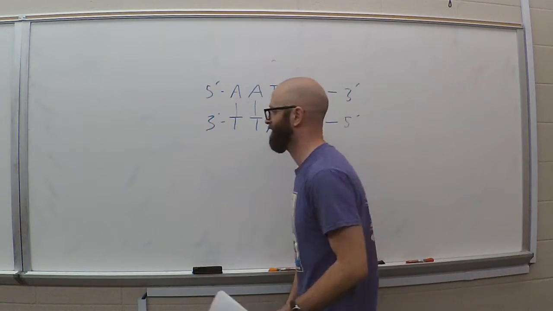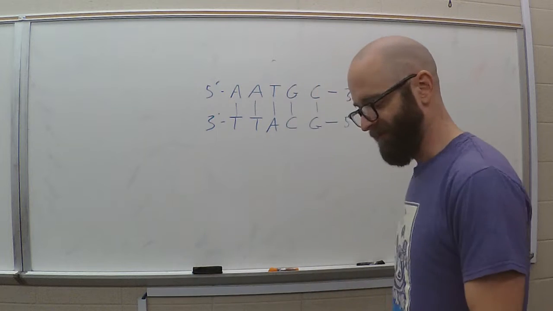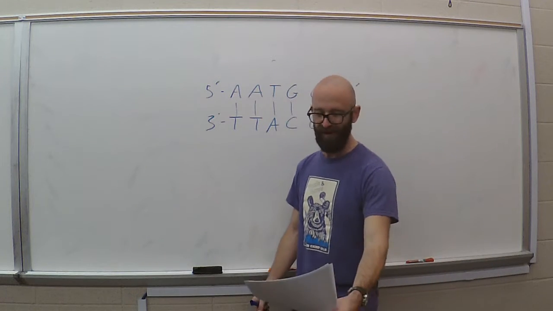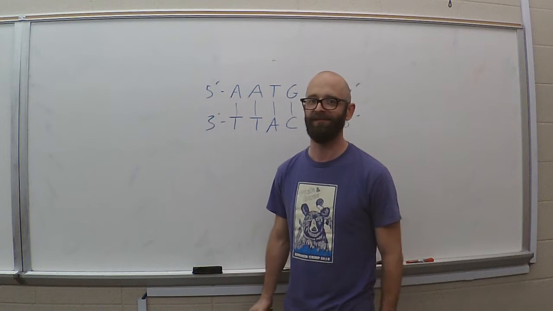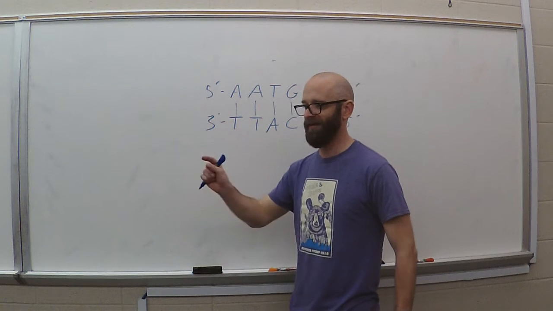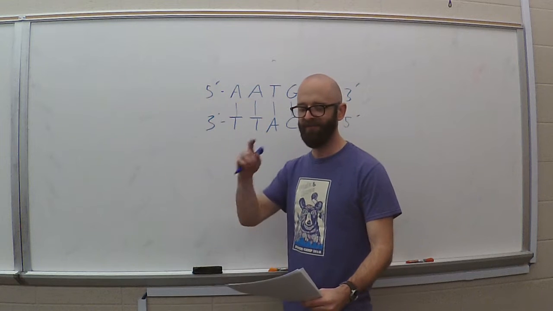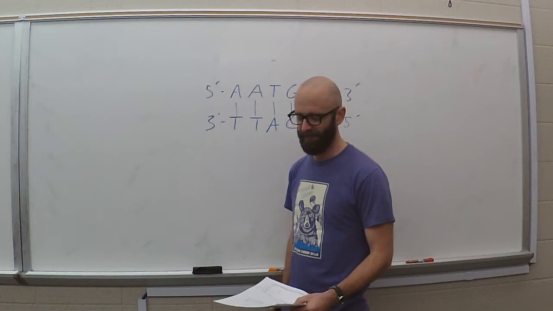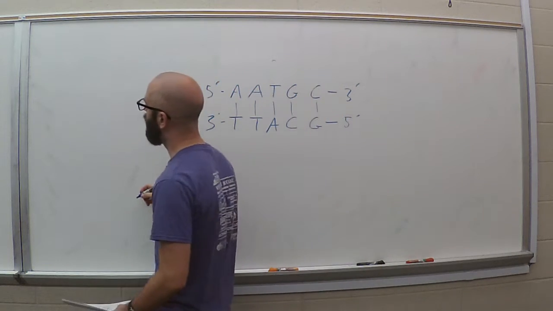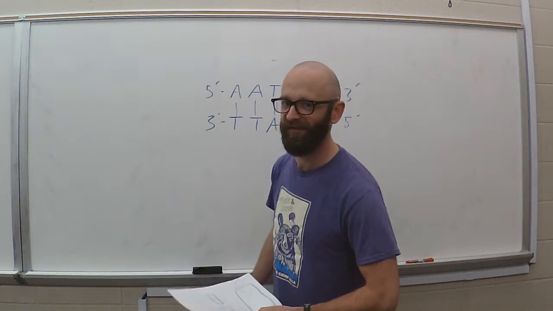So here's a practice question for you. If you have a sample of double-stranded DNA that is 31% adenine, all right, you can write that down. What percentage is cytosine?